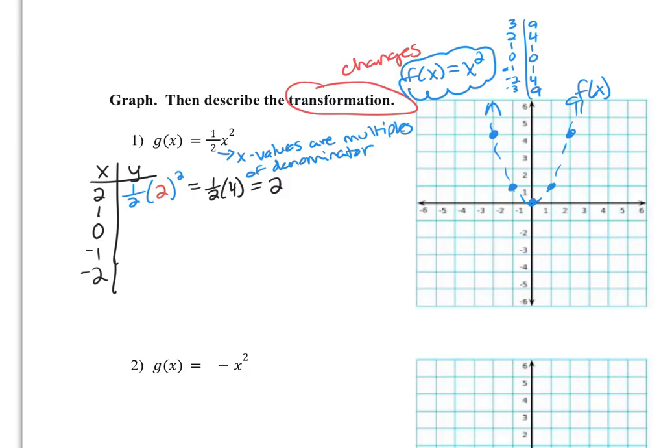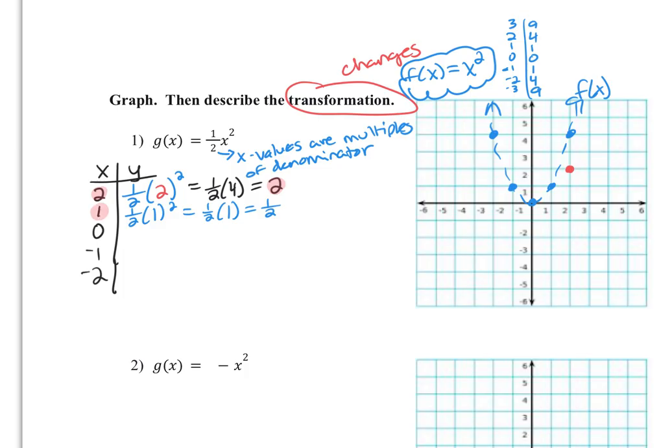So that gives me the point to graph. I have my x value of 2 and my y value of 2. So that's the point. 2, 2, +2, +2, right there, okay? And then we're going to do the same thing for 1. 1/2 times 1 squared, well, that gives me 1/2 times 1, which is 1/2.